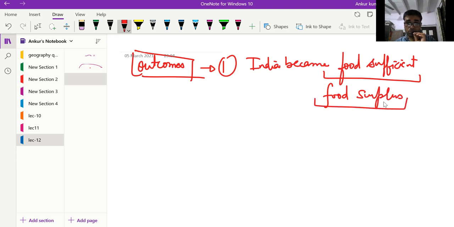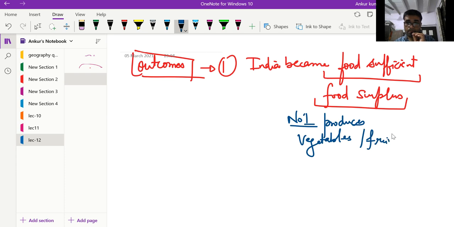Not just a food surplus country, but in many commodities we became the number one producer, like vegetables, fruits, milk. So this was the first, positive outcome.